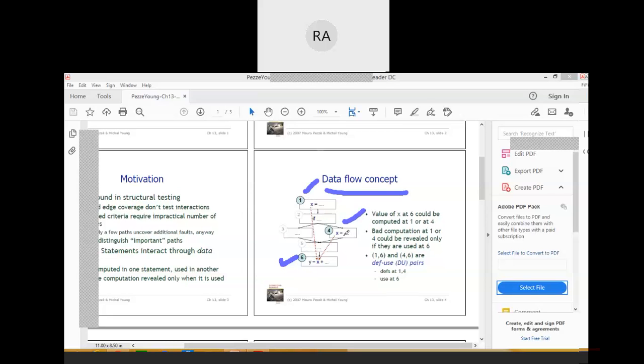Why is it so? Because I have an if condition. If it is true, then it will come over here and make use of this variable. Suppose this condition is evaluated to a false value; this is the true branch of this if statement and this is the false branch of this if statement.